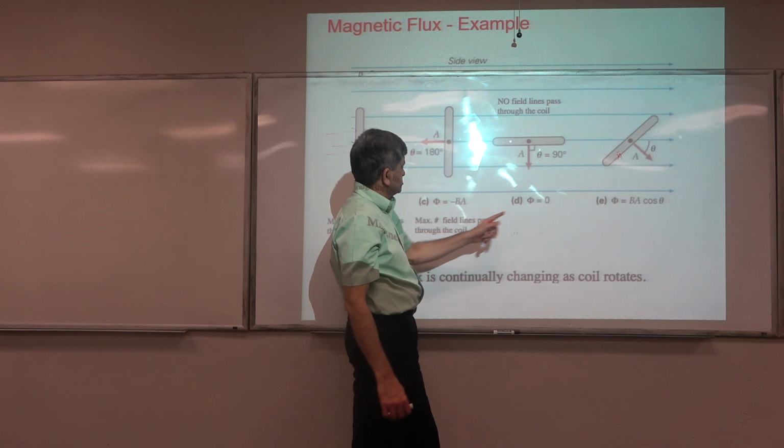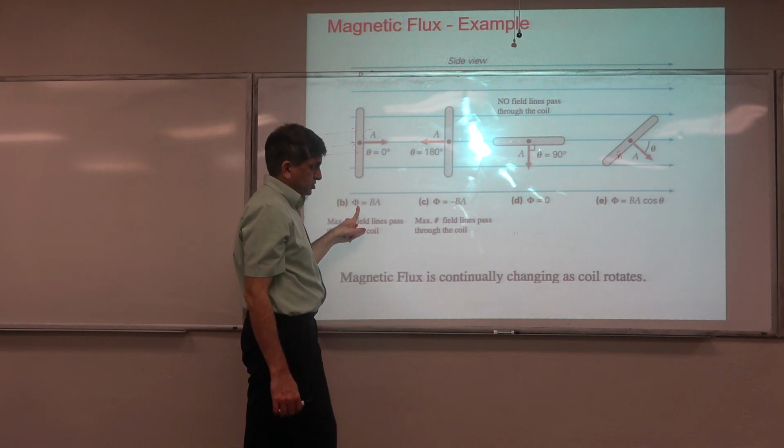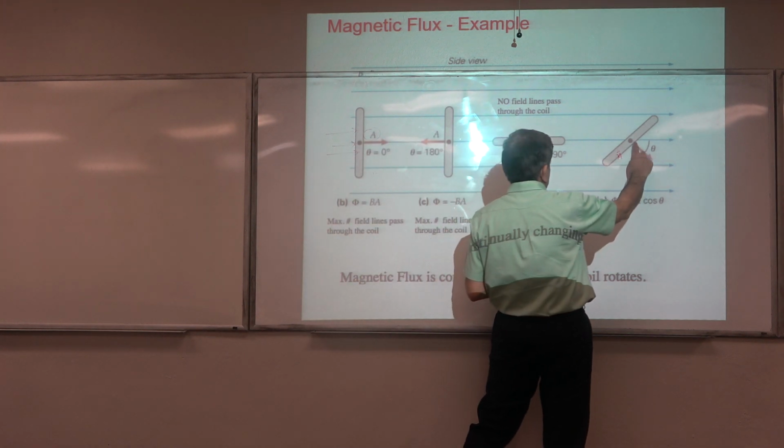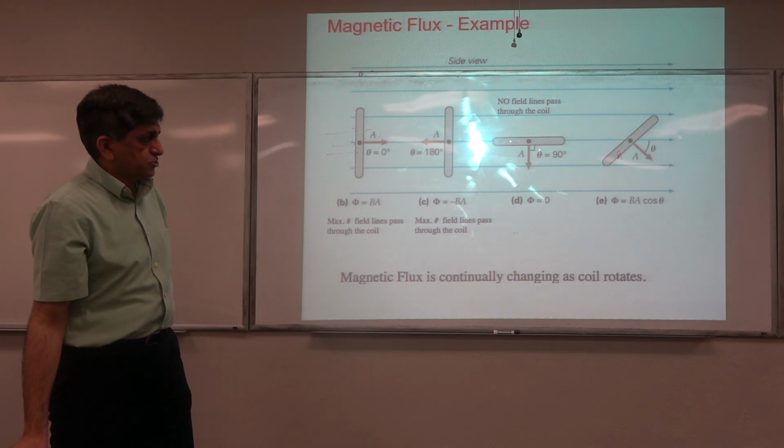So here the flux is 0, here the flux is negative B times A, here the flux is B times A max, and here the flux is B times A times cosine of theta, whatever this angle is.